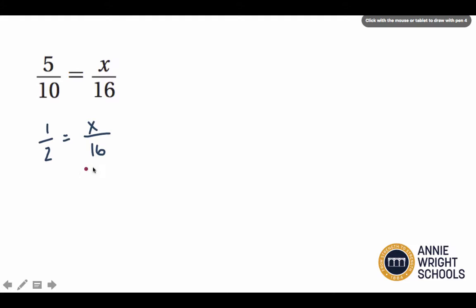But if you can't, just to show you, cover up what we're doing over here and just look at what's happening to x. We're taking x and dividing by 16. I'm going to undo that division by multiplying by 16, but I have to do that to both sides. The 16s cancel here, and I'm left with x.